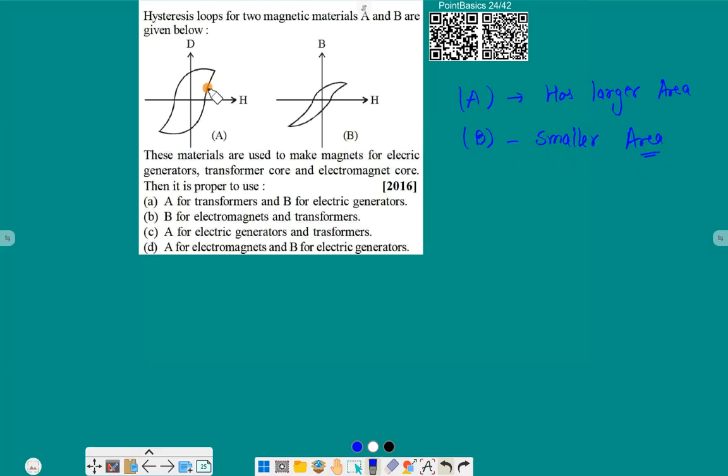Now a larger area means difficult to magnetize and difficult to demagnetize. A smaller area means easy to magnetize and easy to demagnetize. Now let's come to all the applications we have been asked about. First are electrical generators, then the transformer core, and then the electromagnet.